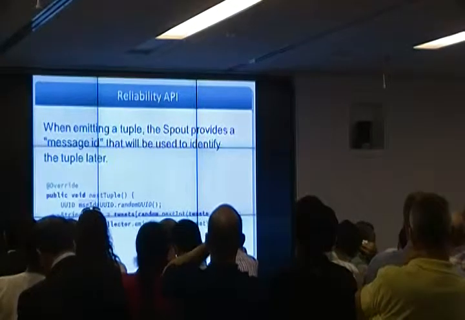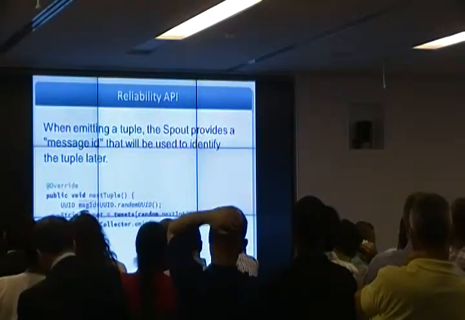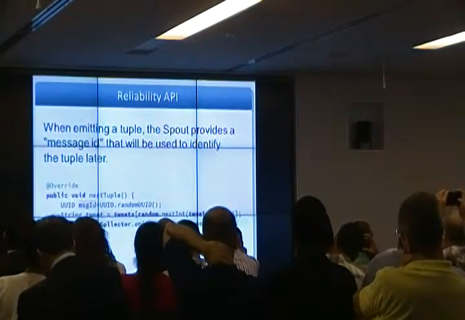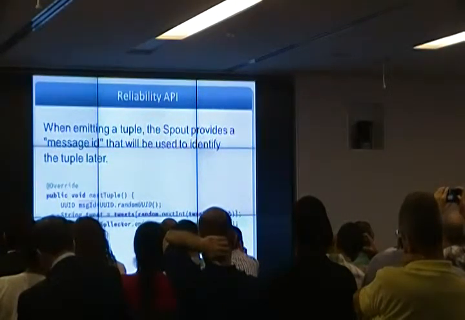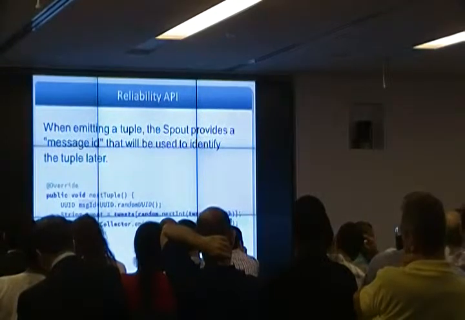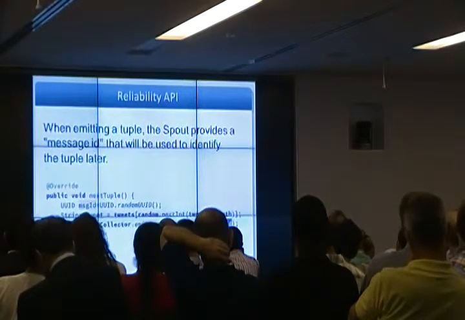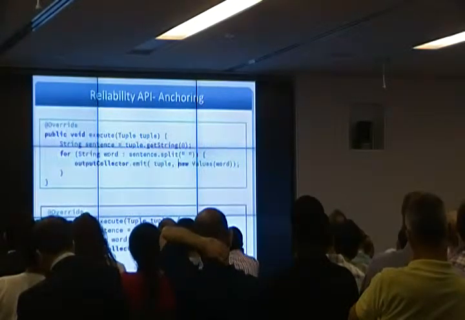Here I just assign a random UUID, but you can assign any ID from your database. I assign from MongoDB _ID numbers. That facility allows Storm to monitor each tuple. Another thing you have to do is so-called anchoring.